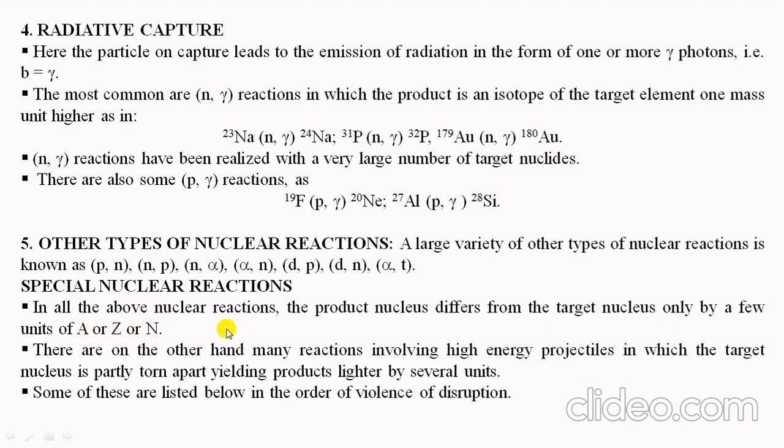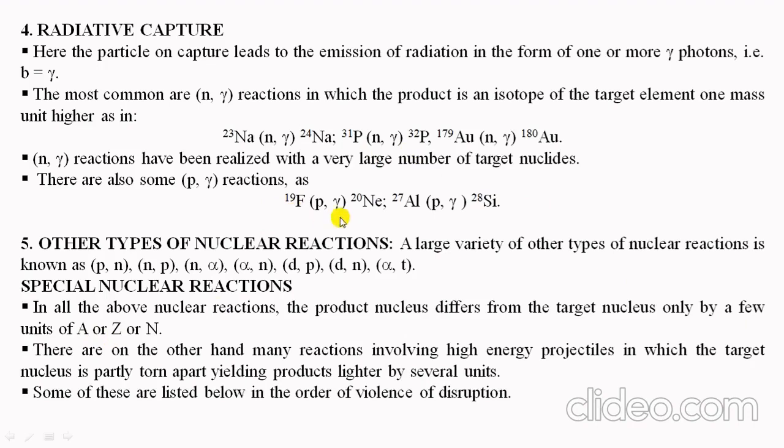So in the previous types of nuclear reactions, we have seen that the product nucleus is somewhat different from the target nucleus, or in this case an isotope, but only by a few units of A or Z, the mass number or atomic number.